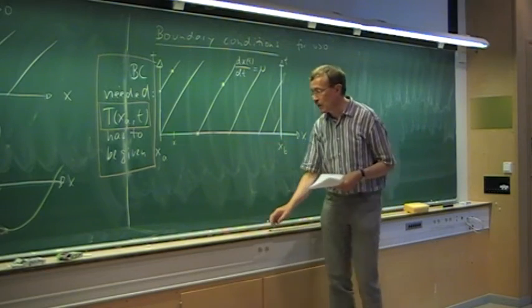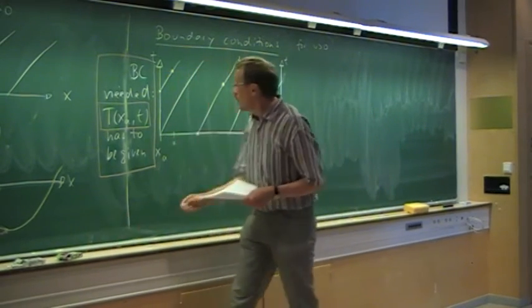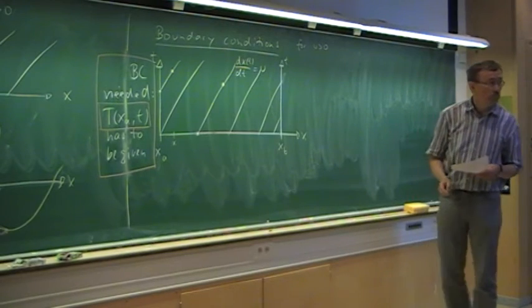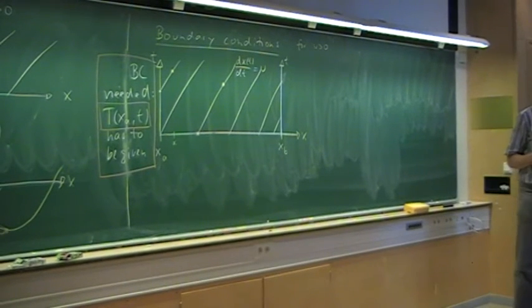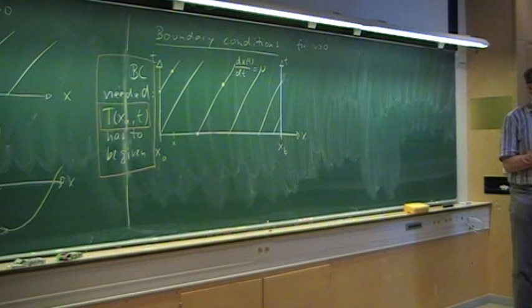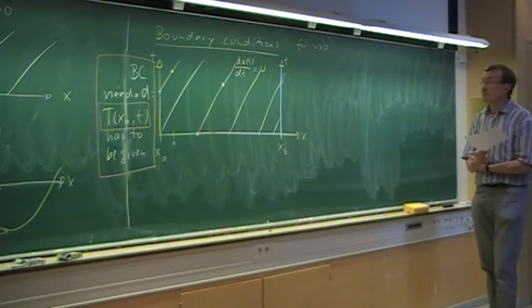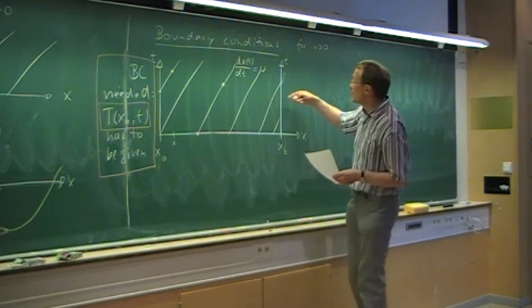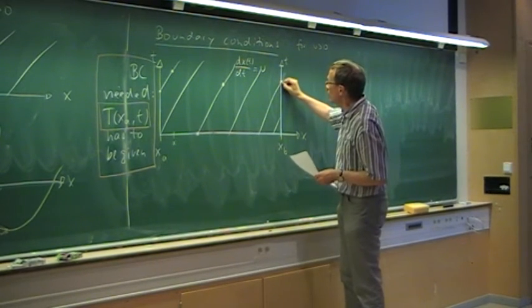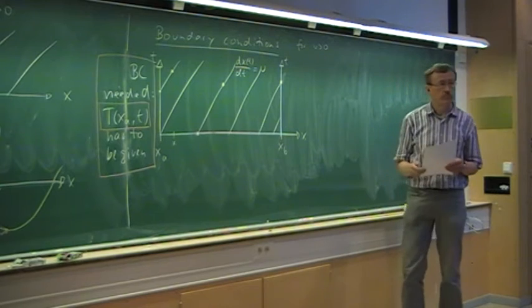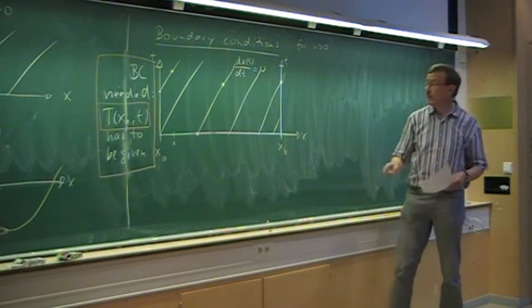Okay, now the question: what about the right boundary? Can we say anything there? For example, if we are at this point here, at the right boundary, do we know anything? Yes, we do.